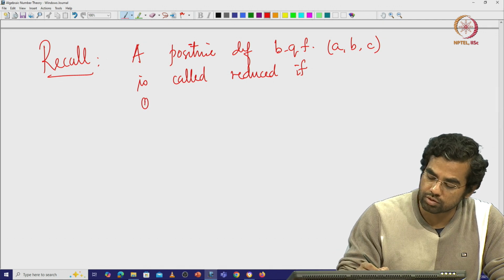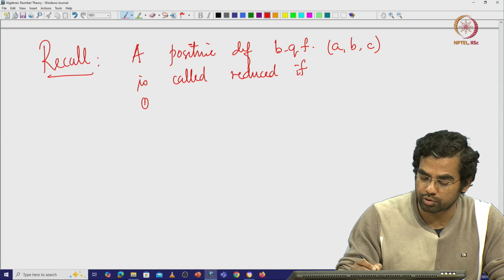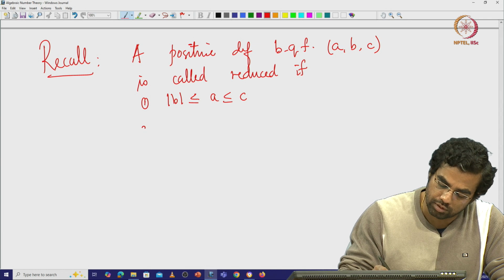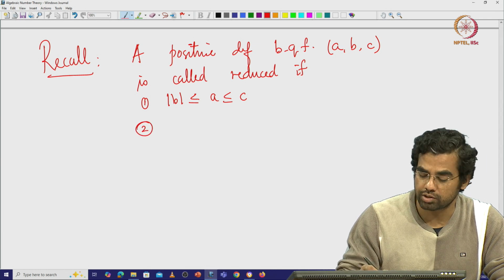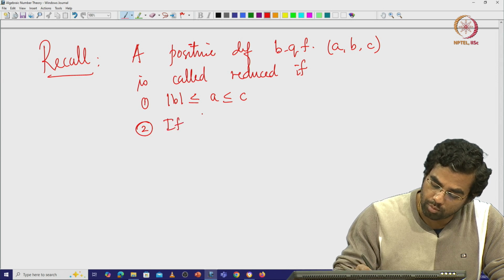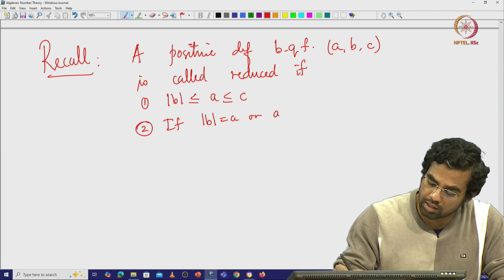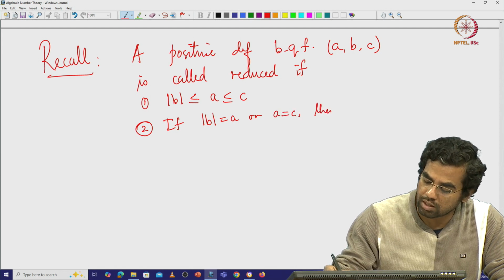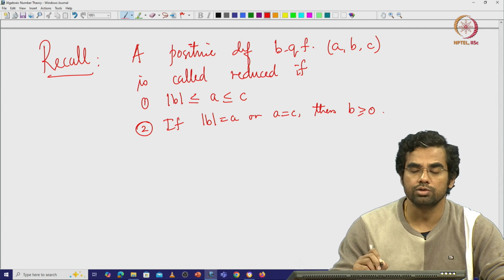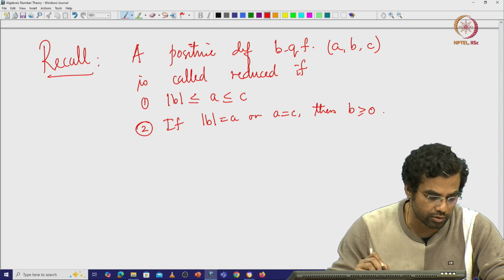First, we will always assume that a and c are both positive, and mod of b is less than or equal to a is less than or equal to c. The second condition is that if mod of b is equal to a or a is equal to c, then b is greater than or equal to 0. Okay, so, that is what reduced binary quadratic form means.